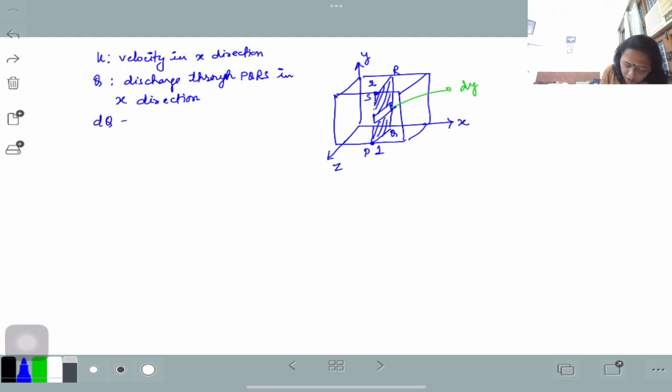The small discharge dq, or you can say the discharge at a point, the infinitesimal discharge through PQRS, will be u dy times 1. What is 1? 1 is the unit distance in the direction of z.